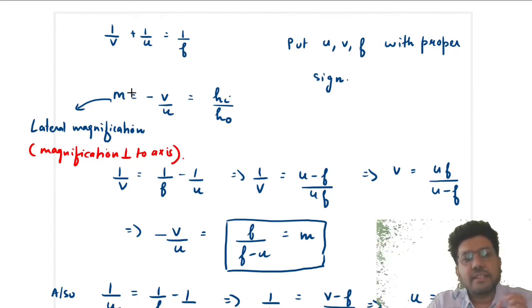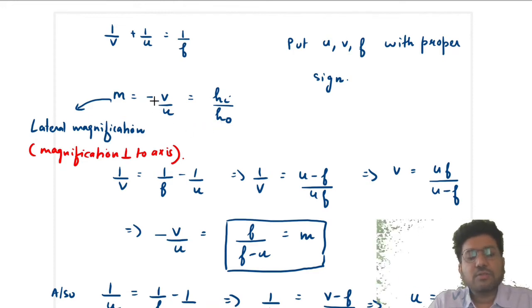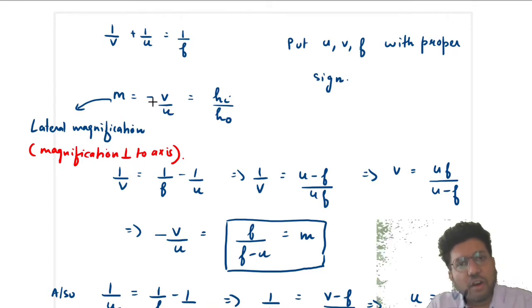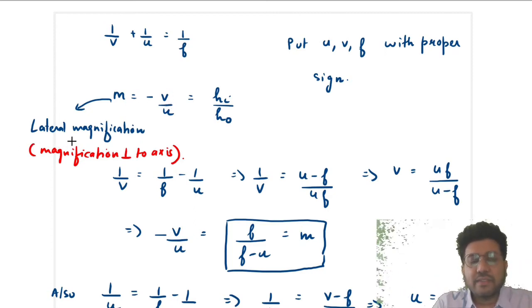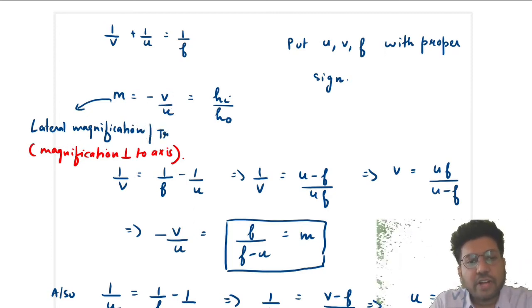Then there is a term called lateral magnification that we have already discussed, and magnification is height of image by height of object. Okay, and this is also equal to minus V by U. Do not forget this negative sign. Magnification in case of a spherical mirror is minus V by U, right? And this is lateral magnification, and it is also called transverse magnification.